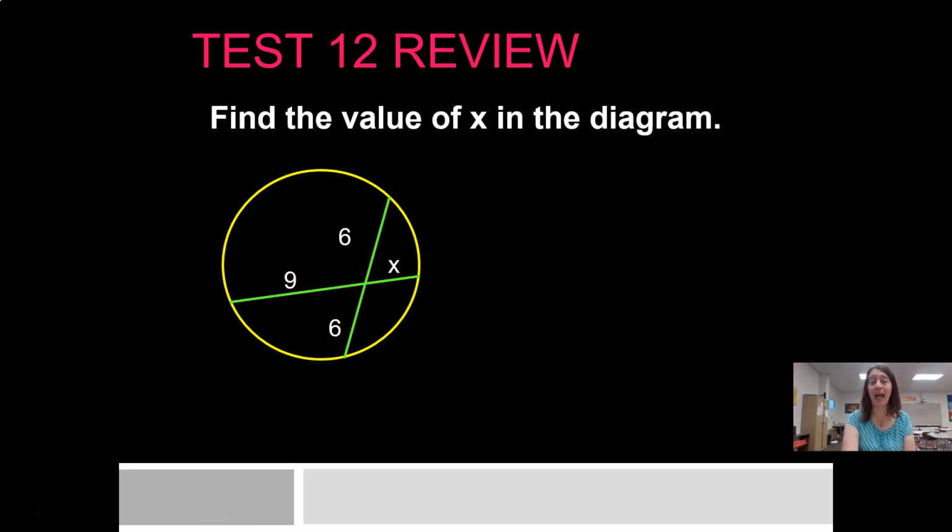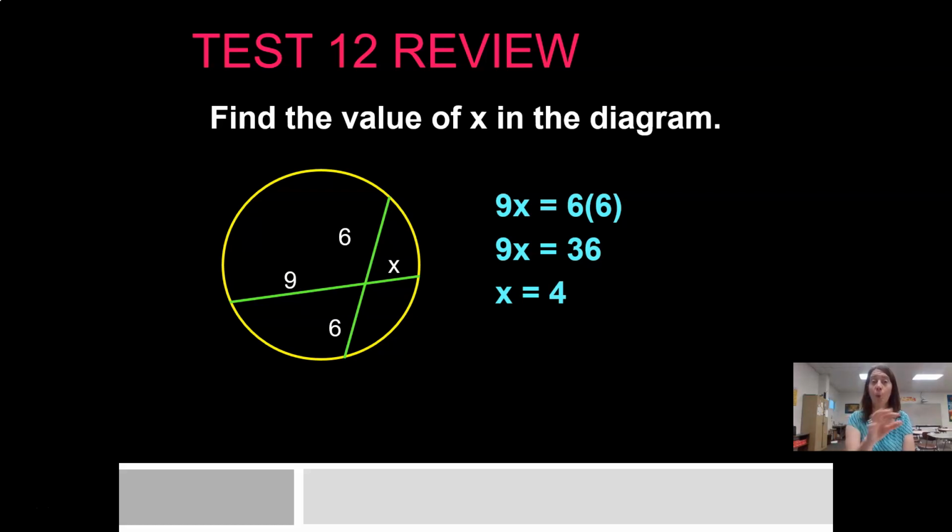So the 9 and X are the pieces that get multiplied together, and the same thing for the second chord. The 6 is one of those lengths, the 6 is the second length, those 2 get multiplied together. So 9X equals 6 times 6. 6 times 6 gave us 36, and to finish getting X by itself, I would divide by 9, and that would tell me that X is equal to 4.